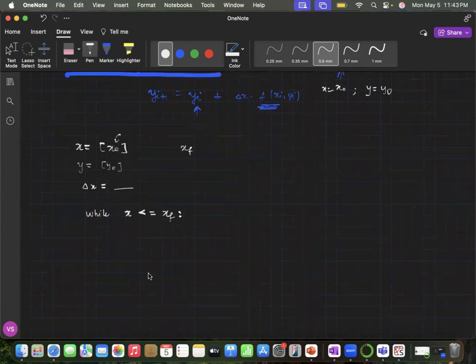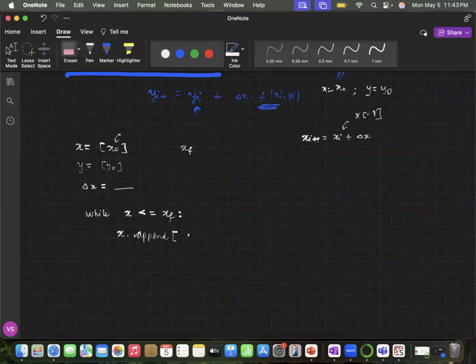And once that is done, after that, we start appending new values. So in general, you'll always write xi plus 1 is xi plus delta x. So xi is the last value in the array. So that's x minus 1, right? So x dot append, sorry, x minus 1 plus delta x, right?